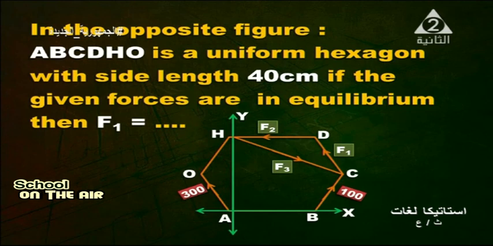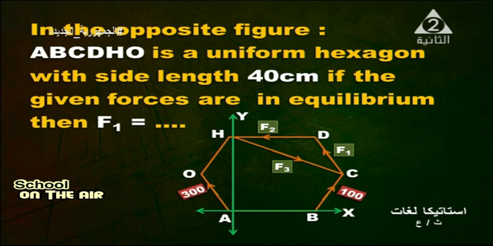My dear student, in the opposite figure, ABCDHO is a uniform hexagon with side length 40 centimeter. If the given forces are in equilibrium, what is the value of F1? Look at, my dear student, we have how many forces? F1, F2, F3 in the opposite figure, and 100 and 300.